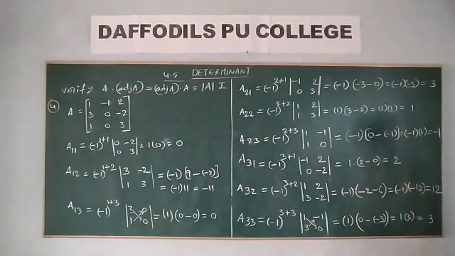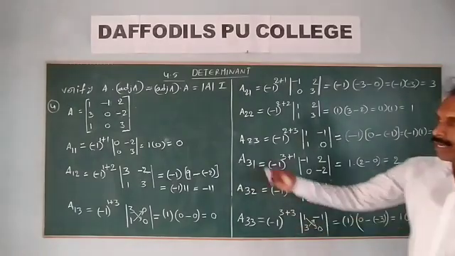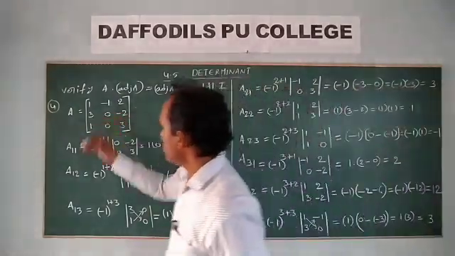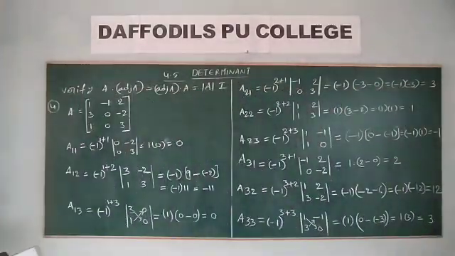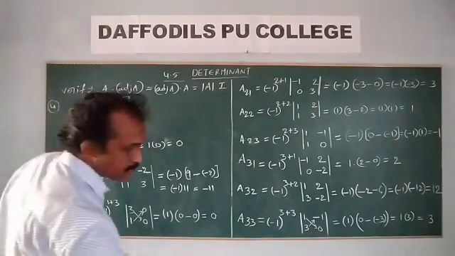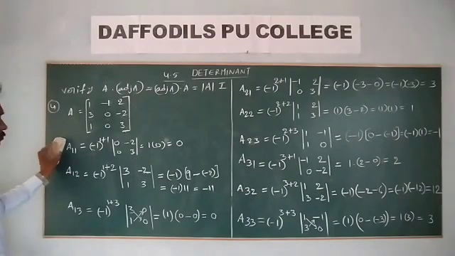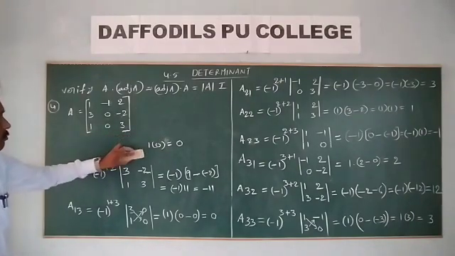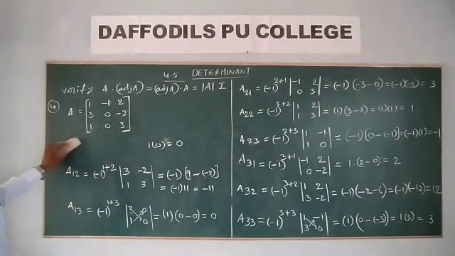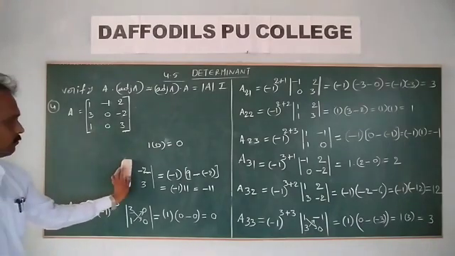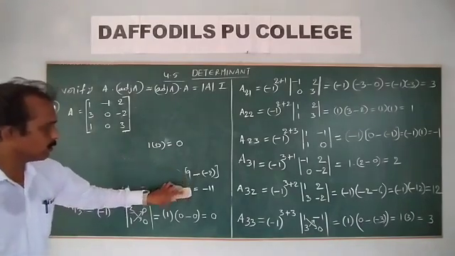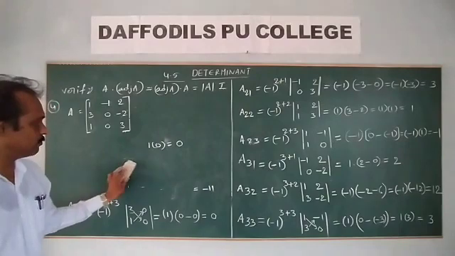So these are the cofactors. Like this we find all cofactors of these elements. Now we'll write all the cofactors in matrix form. This is 0. This is minus 11.